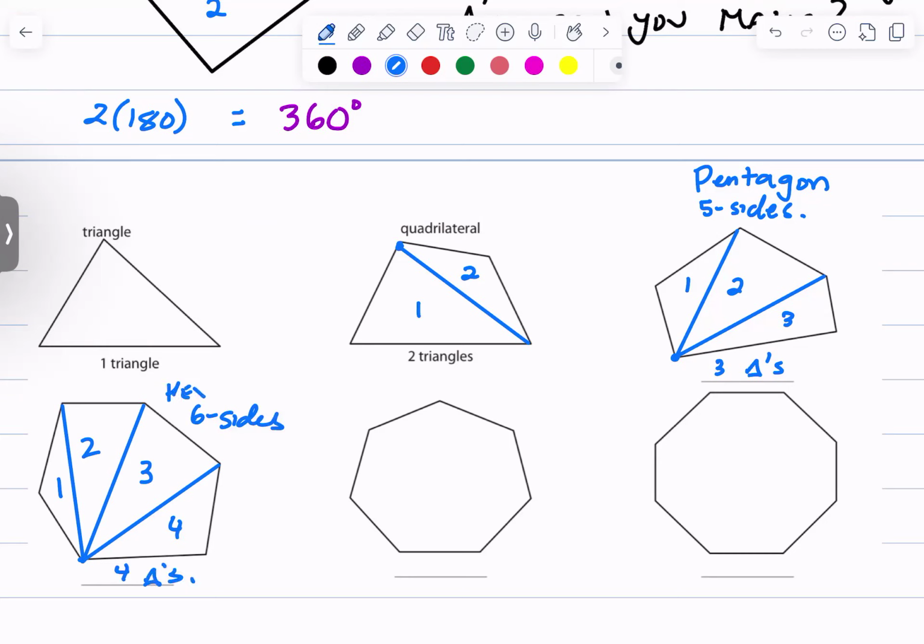It's called a hexagon. Okay. How many sides does this have? 7. 1, 2, 3, 4, 5, 6, 7. Yeah. So it's a heptagon. So it's 7 sides called a heptagon.